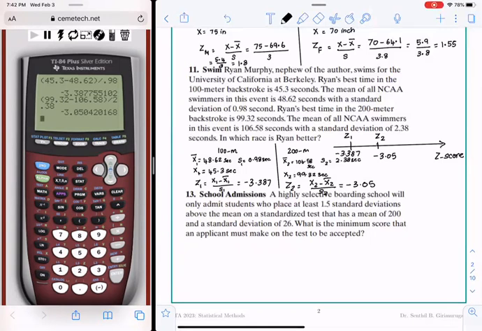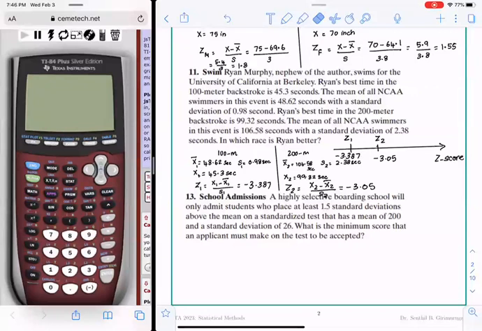So in which race is Ryan better? Relatively speaking, Z2 is bigger than Z1. So he's going to be better at the second race when compared to the first race.